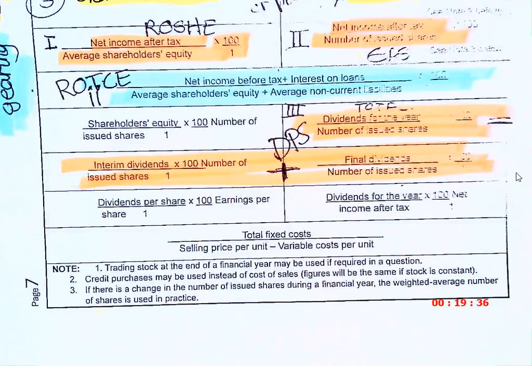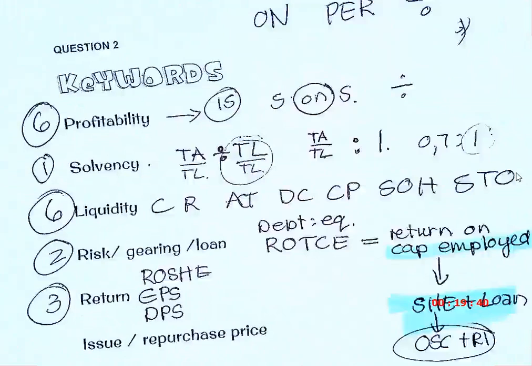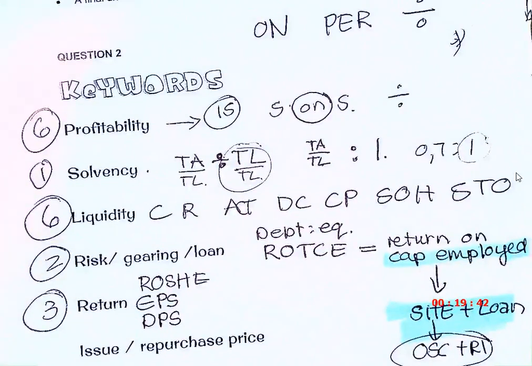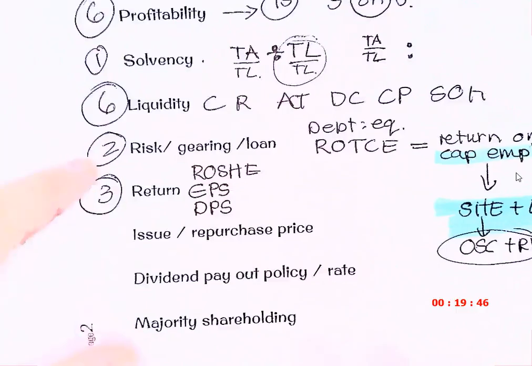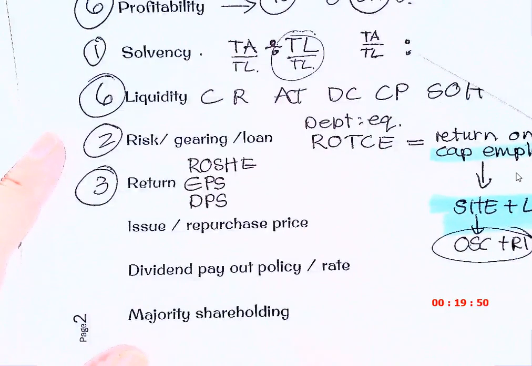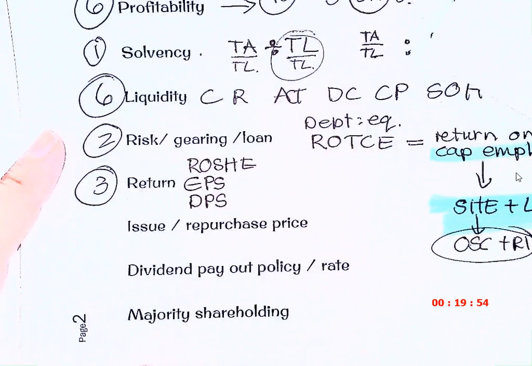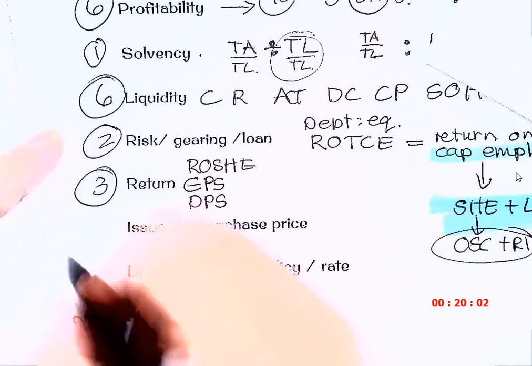Now, if I look further, the thing is now the dividend payout policy. Okay, the issue repurchase. This one here. Remember, you have three prices. You have three values for shares. Okay? So what are the three values?